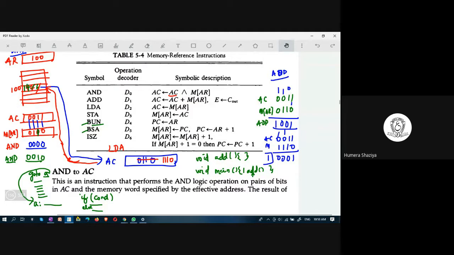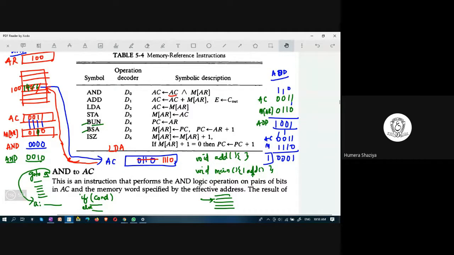If we are executing this instruction, M of AR plus 1, you are incrementing the memory word contained in the AR, means whatever AR specifies. If AR is 100, M of 100, whatever value M of 100 has, that value you are incrementing.